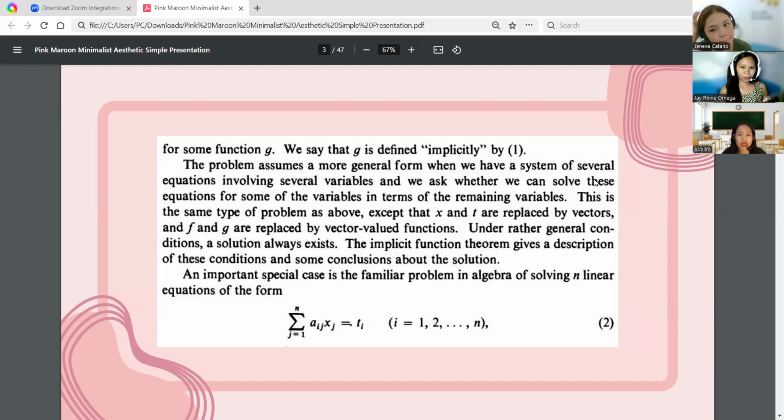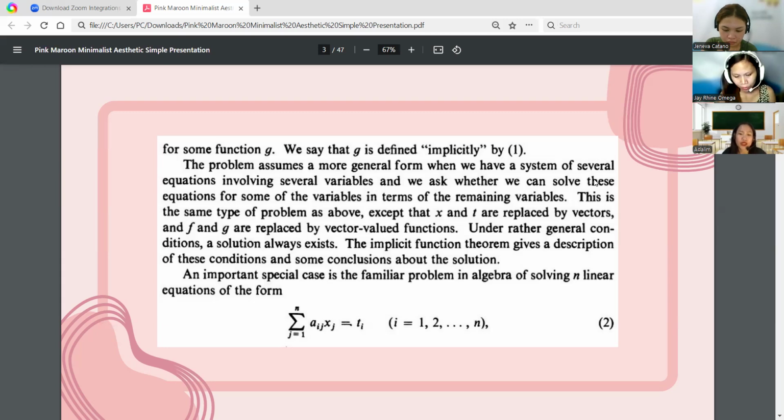This is the same type of problem as above, except the x and t are replaced by vectors, and f and g are replaced by vector-valued functions. Under rather general conditions, a solution always exists. The implicit function theorem gives a description of these conditions and some conclusions about the solution.